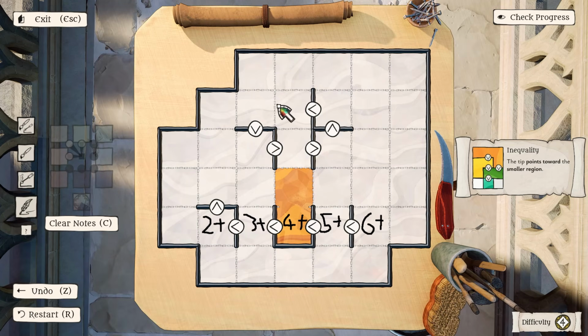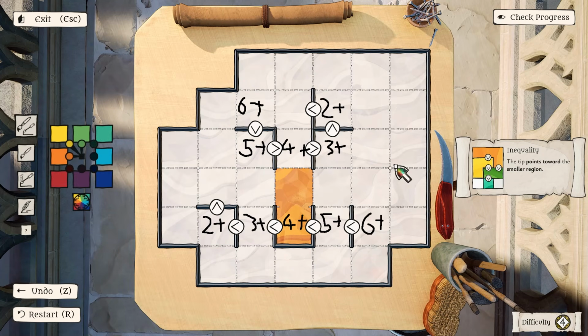Okay. Similar thing over here. So 2+, 3+, 4+. That seems interesting. 5+, like those two being next to each other. The 4+ here and the 4+ there. 6+. Okay. Now what?